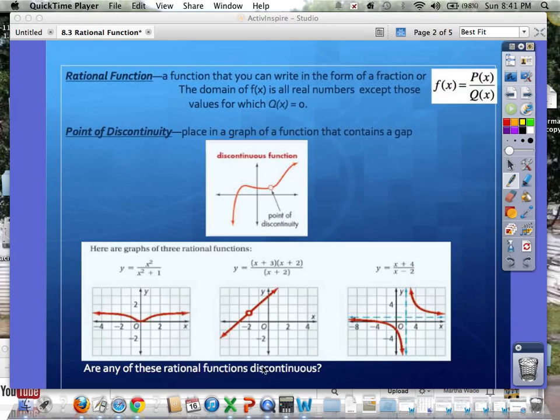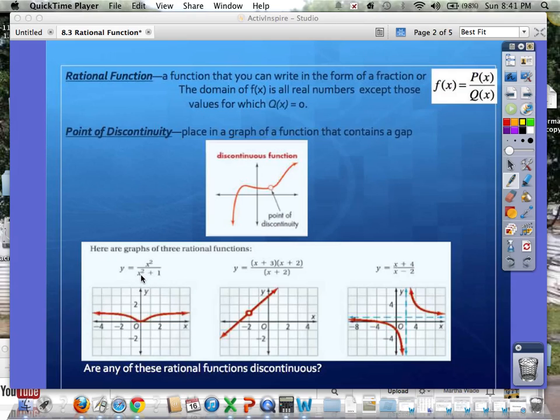Are any of these rational functions discontinuous? Well, the way to tell if something is discontinuous as far as just looking at the graph, it's hard to tell unless you have something like this going on or a picture of an actual hole. This one doesn't have either of those, but it could be a discontinuity. But the way you check is if there's some way you can make the denominator equal 0.